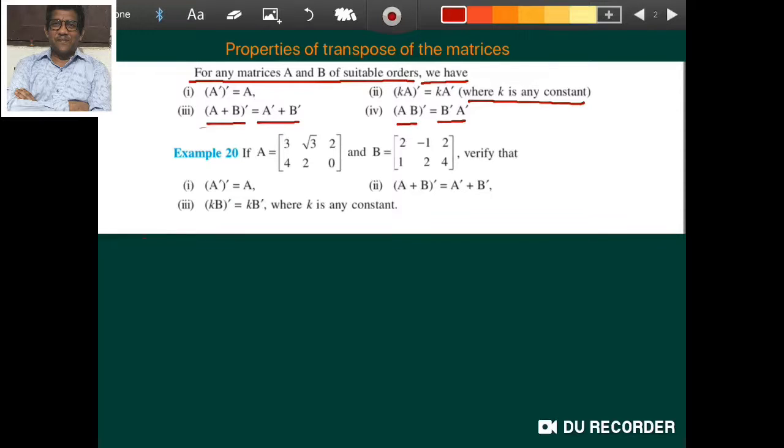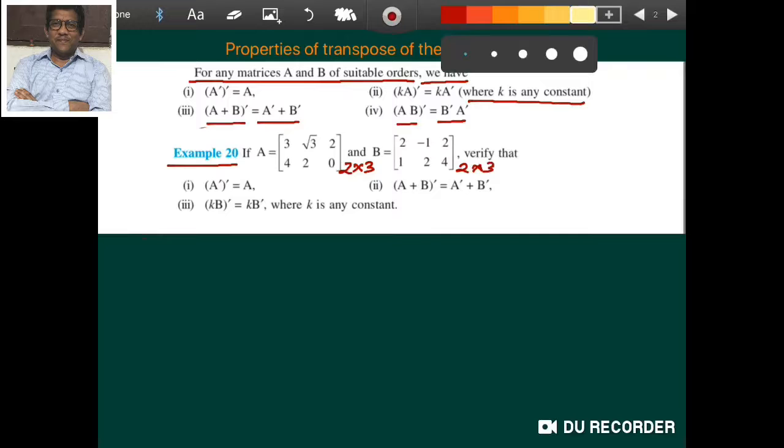Here in example number 20, two matrices are given. Both have the same order, 2 cross 3. We have to verify the properties of the transpose of matrices.